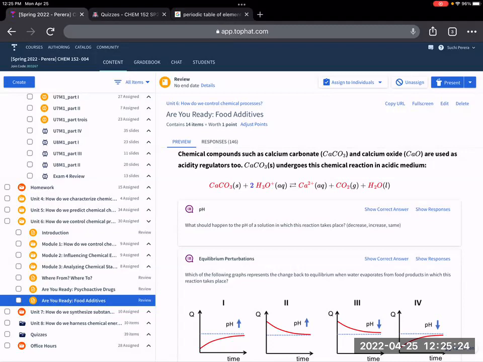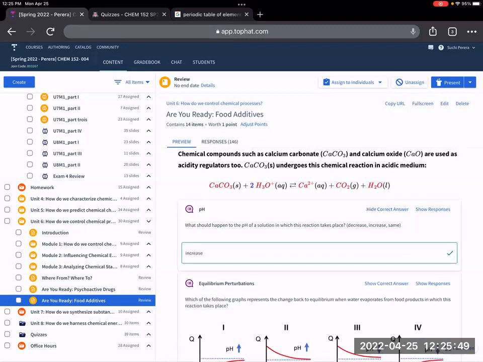Okay, so now if this reaction takes place, then the calcium carbonate is consuming H3O+. That means it's going to decrease the H3O+ concentration. Therefore, pH has to increase. Okay, so the correct answer must be increase.